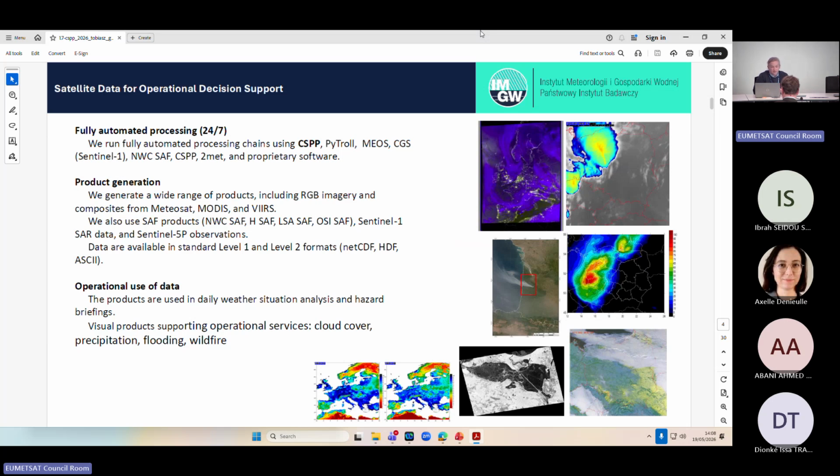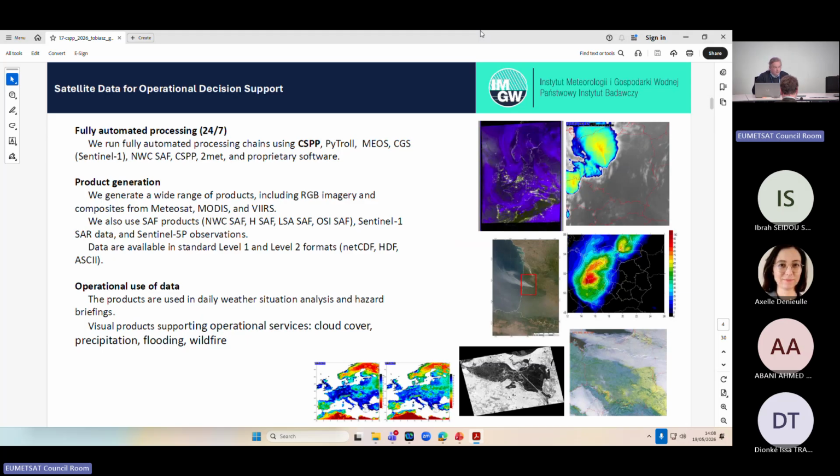We also use SAF products and Sentinel-1 SAR data, and Sentinel-5P to observe the atmosphere. The products are used in daily weather situation analysis and hazard briefing.